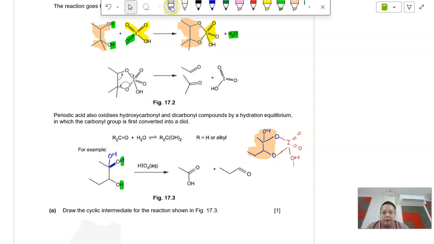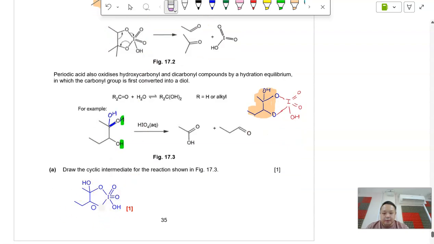So this will be the cyclic intermediate, as you can see. That's how we can systematically get the answer.